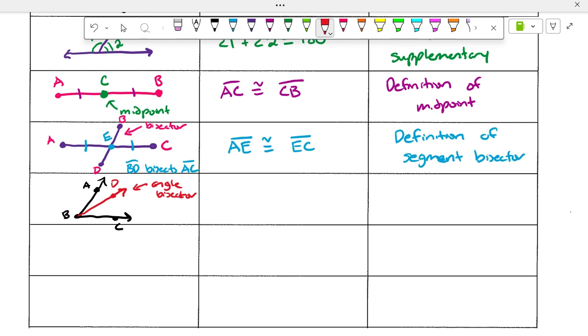It cuts the angle in half. So that means that those two little pieces of the angle are congruent because it's cut in half. So we can say that angle ABD is congruent to angle DBC. Because again, that's the definition of an angle bisector. It cuts it in half.